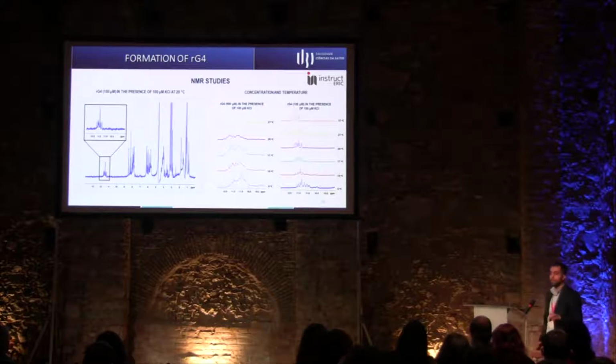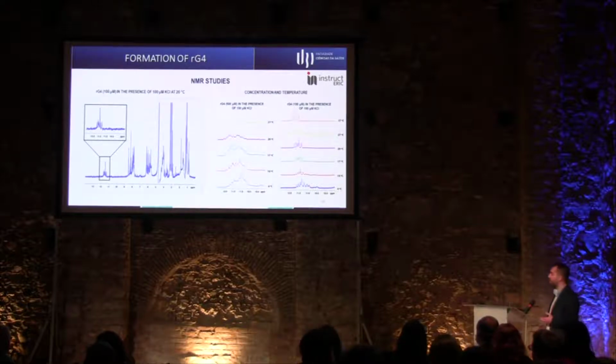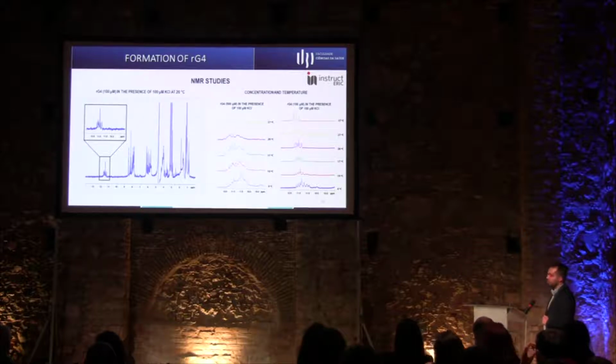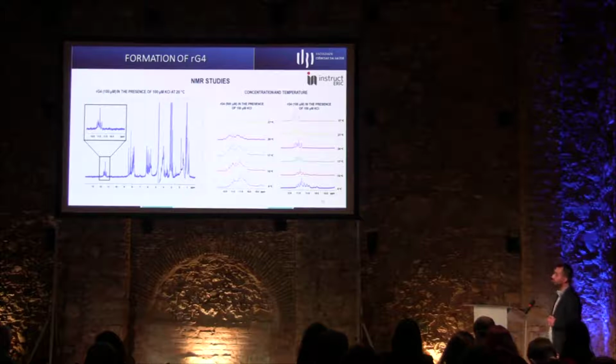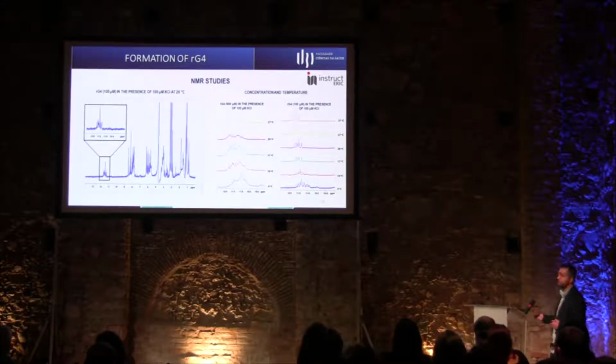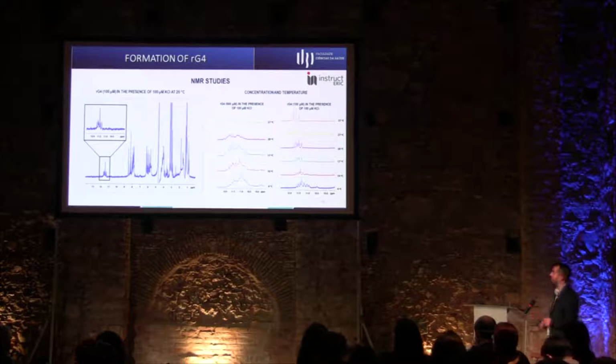The signals of the G-plex only appear between 10 and 12 ppm, while the other secondary structures of nucleic acids appear between 12 and 14 ppm. As seen in the slide, at a G-plex concentration of 100 micromolar, in the presence of 100 micromolar of KCl and at a temperature of 20 degrees, the structure is well folded, as we can see by the sharp and well resolved signals.